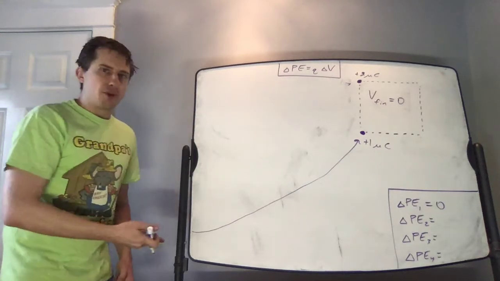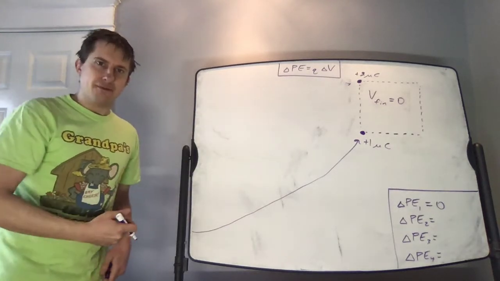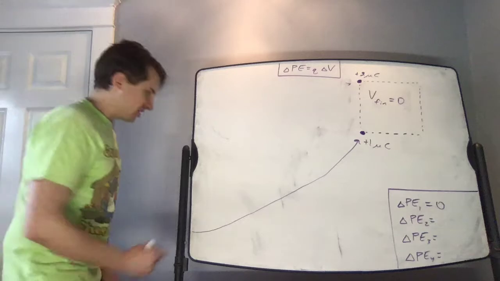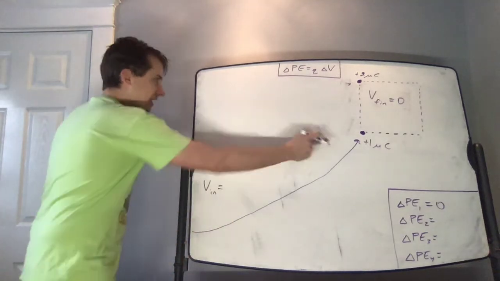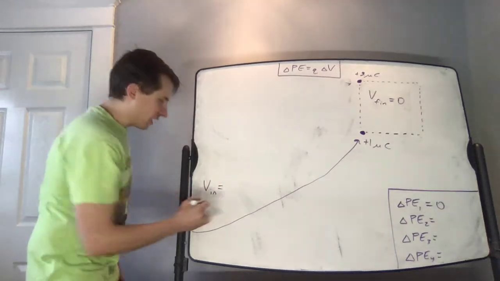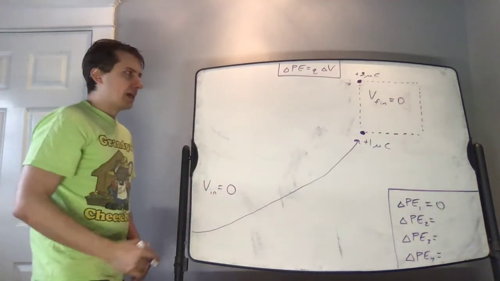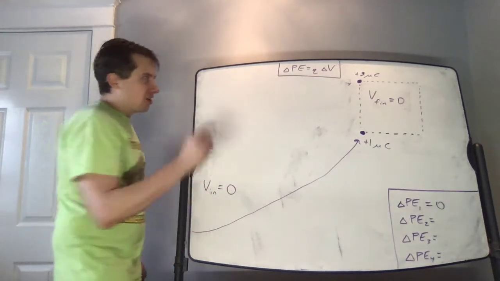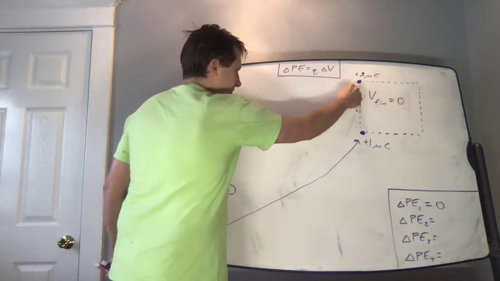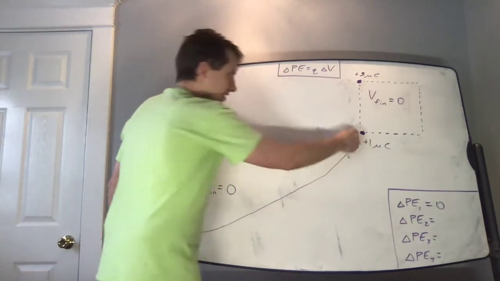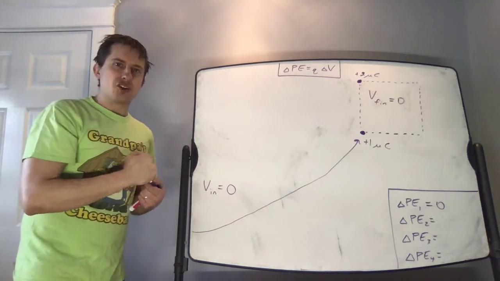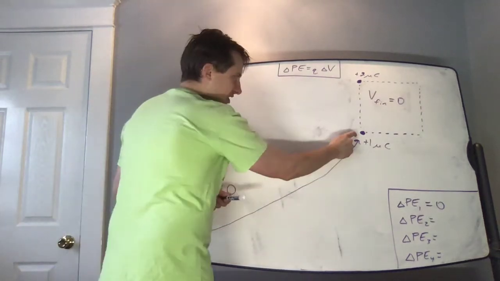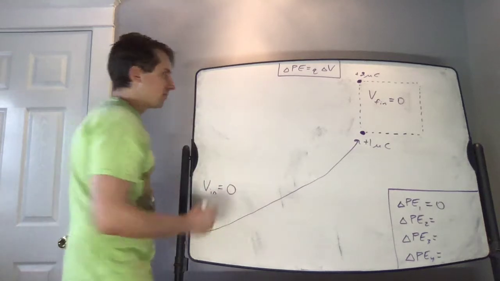Because the +1 microcoulomb point charge begins infinitely far away from all the other charges, I could say the value of the electric potential at this guy's initial location is going to be 0. But now, because there is another charge in the vicinity of the final position of the +1 microcoulomb point charge, the value of the electric potential right here is not going to be 0.